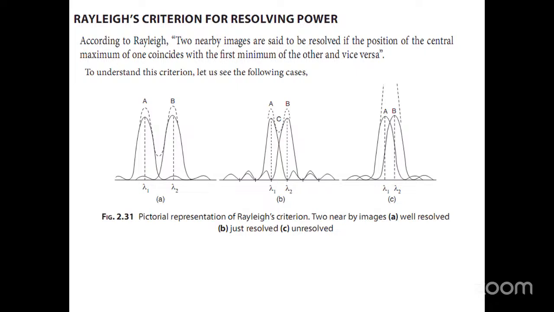Figure B is just resolved. You can see this is the first maxima and this is the central, and where it coincides, actually it has to coincide here at the first minima, but here only it coincides.